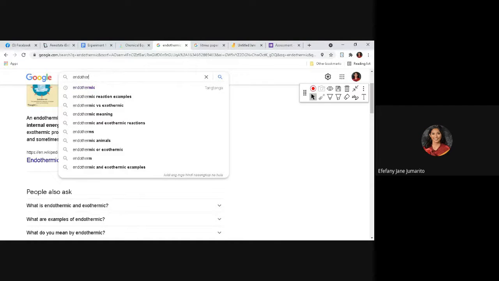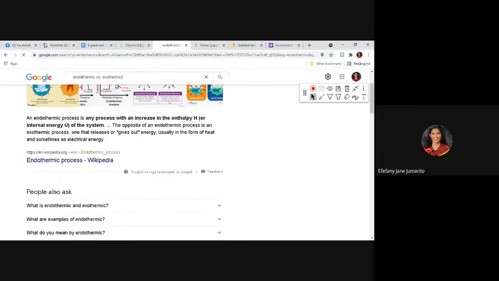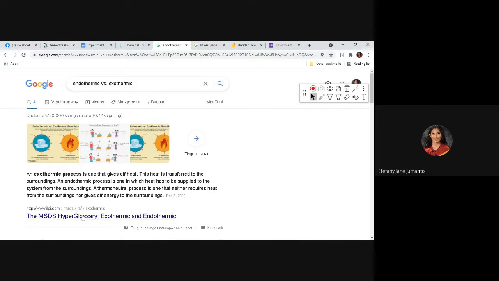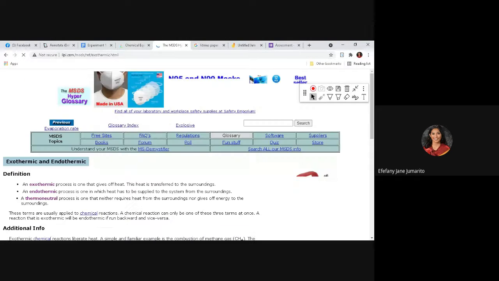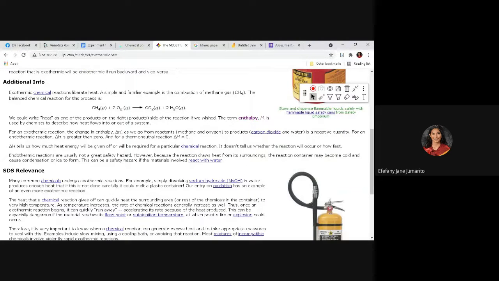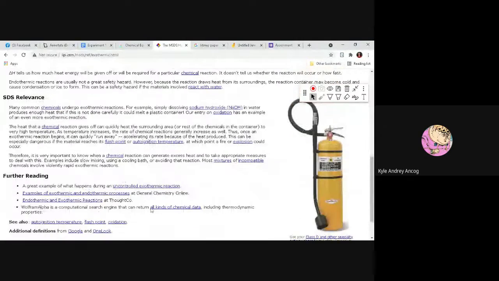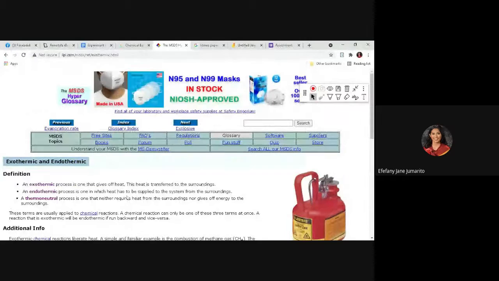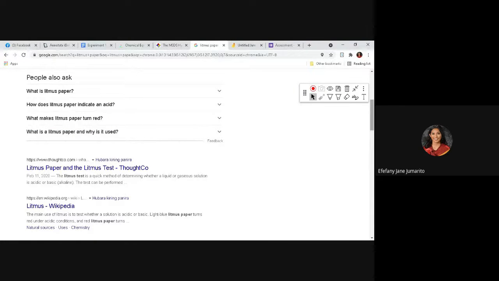Okay, when heat is used as a reactant or a product, endothermic versus exothermic. I forgot, enthalpy.